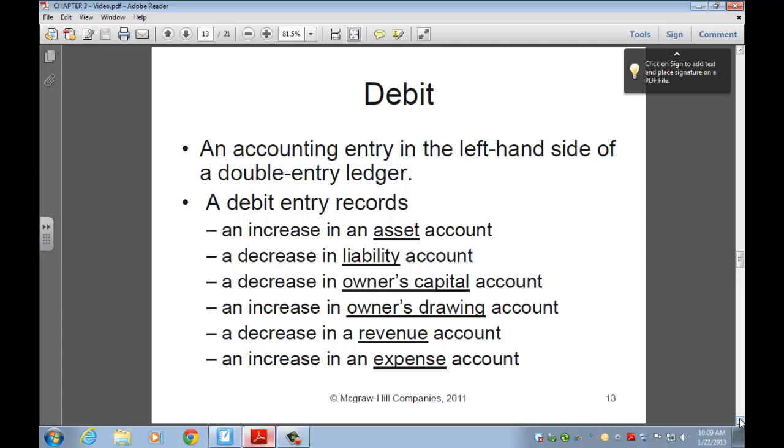So a debit represents an increase in an asset account, a decrease in liability, a decrease in owner's capital, an increase in owner's drawing, a decrease in revenue, and an increase in an expense account.